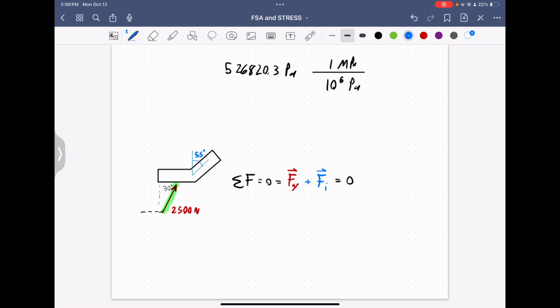And that force, since we only have one, is going to be equal and opposite. So we know this guy should be the same direction, just opposite, acting up here. Right? Because if it wasn't for this guy, the whole arm would be moving in that direction. Right? So we looked for that force on that surface.